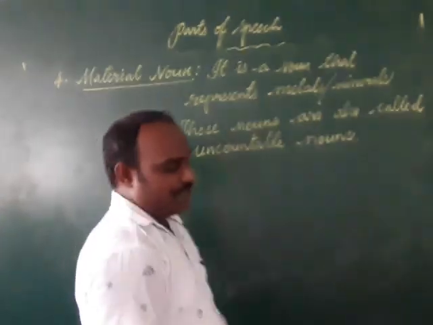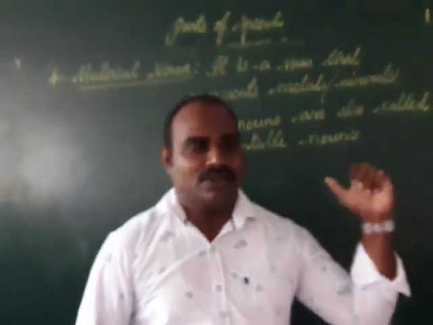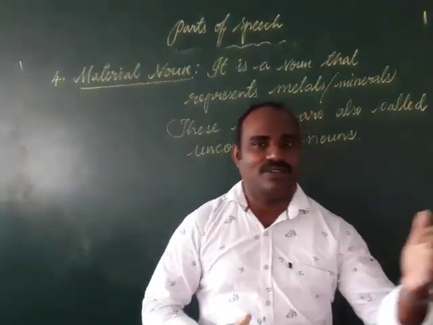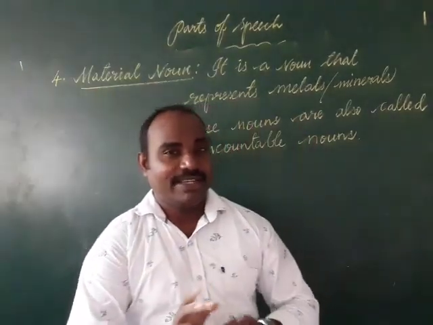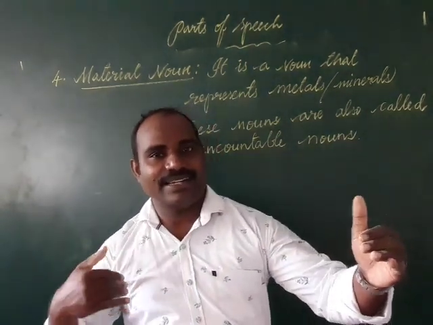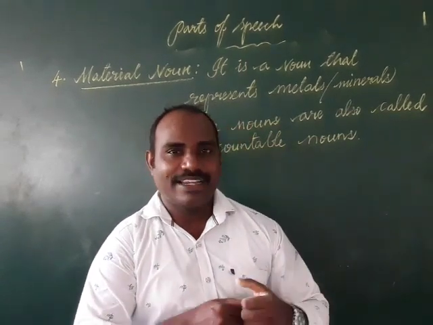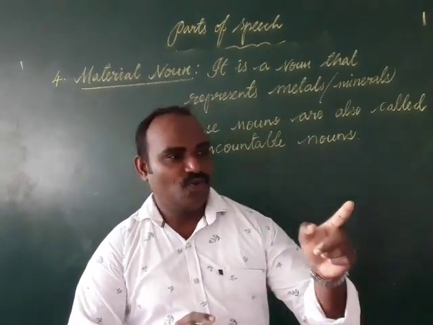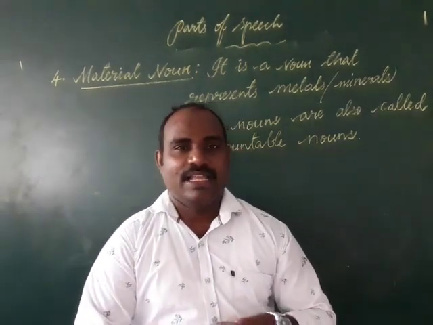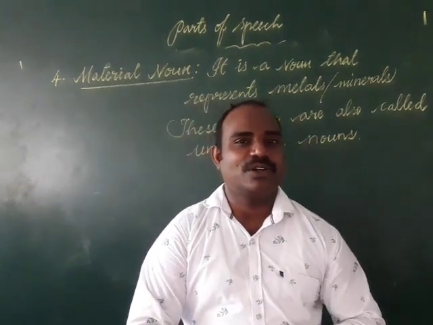Actually, common nouns can be of two types. In the beginning, we discussed common nouns, which are used commonly for everyone and for everything. Common nouns can be divided into countable nouns and uncountable nouns. Countable nouns are nouns that can be counted, like one boy, two boys, three boys, many boys. Uncountable nouns are nouns that cannot be counted. It is not possible to count.